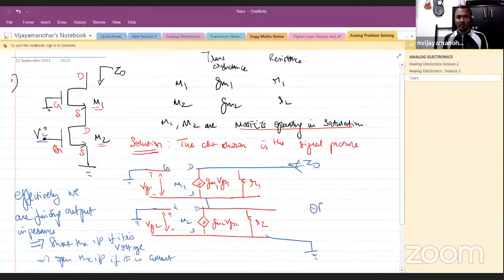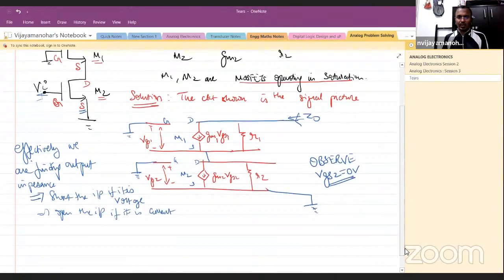Observe, VGS2 equal to 0 volt because the source is at ground. The source is at ground and you grounded the gate because you are calculating the output impedance. So the input needs to be shorted. So the input is at ground, Vi at gate is at ground, source is at ground. So VGS becomes 0 for this one.